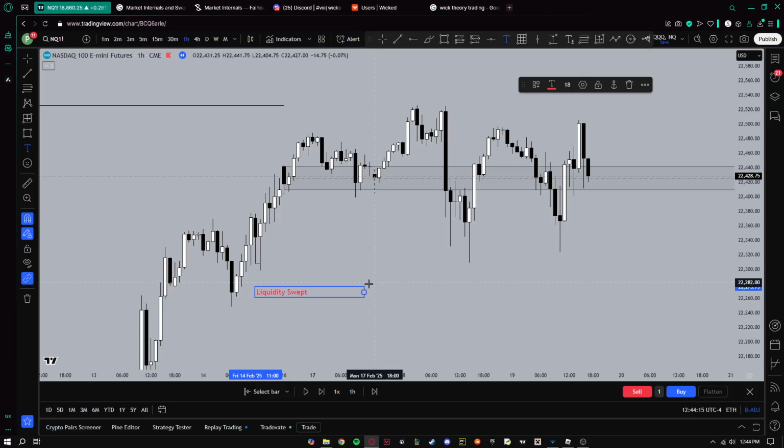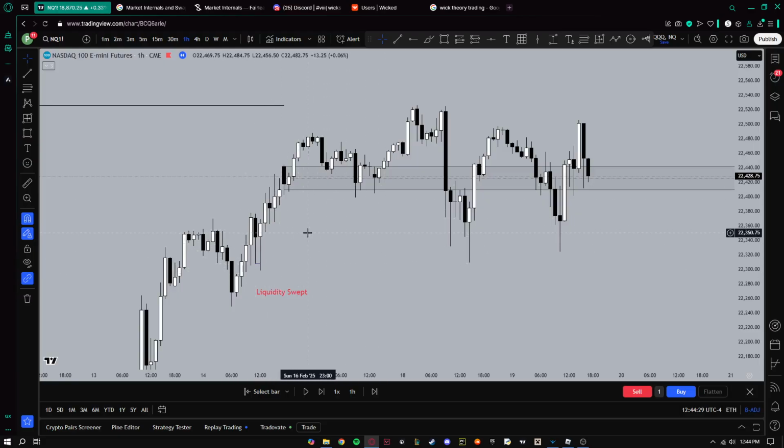Swept. So then we have, alright, this candle acts as a magnet now, and I would like price to reach down to it.